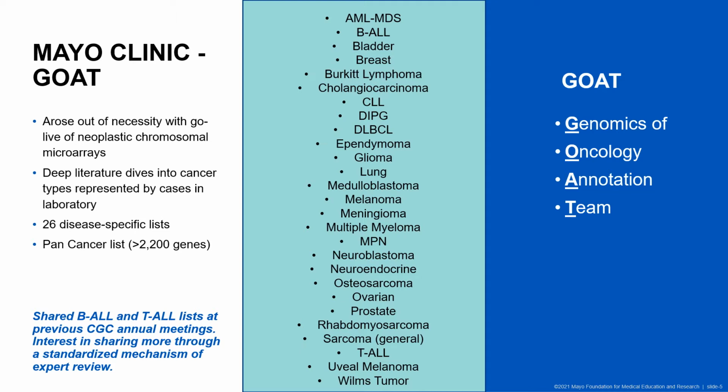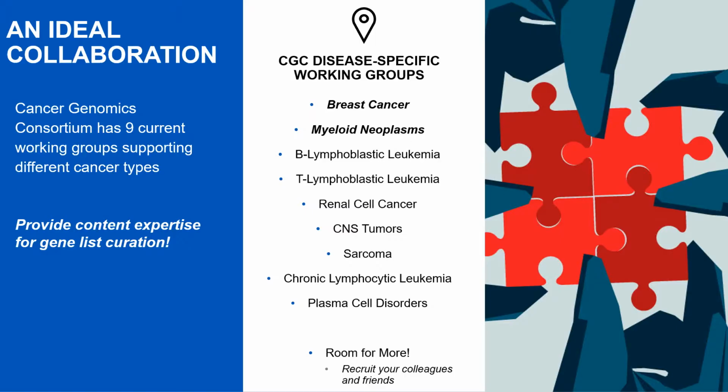In previous CGC meetings, we have shared our ALL gene lists, and there has been interest in sharing more of our lists. And we decided to do this through a standardized mechanism of expert review through the CGC working groups. So the GOAT and CGC working groups is really an ideal collaboration.